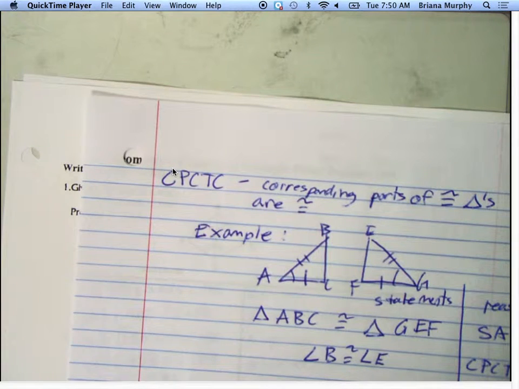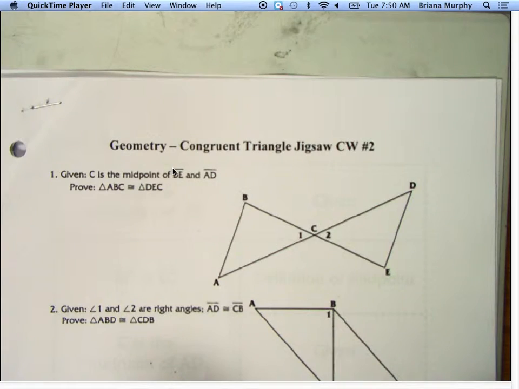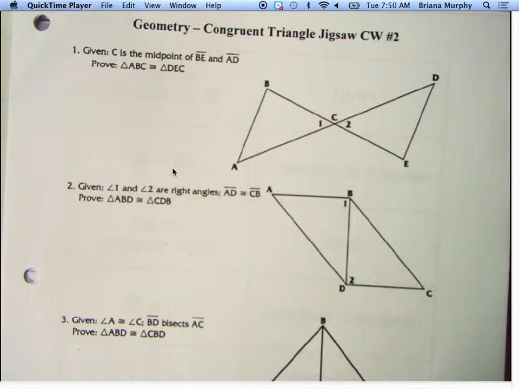I said it's going to go slow. But you were having a conversation while I'm saying that. Okay. So, we've got our proofs here, 1, 2, and 3. And we're going to go over the answers to each one.